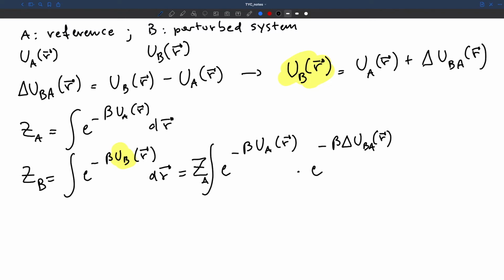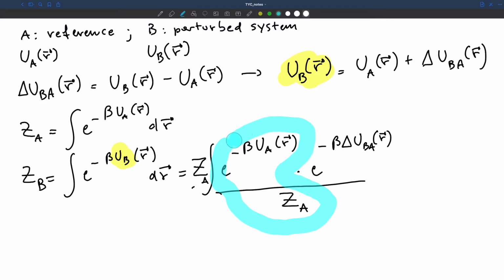So we multiply it by Z, we also divide by Z. And we can now recognize that this group here is the probability density in configuration space for the reference system. So let's indicate this probability density in configuration space with P_A of r.